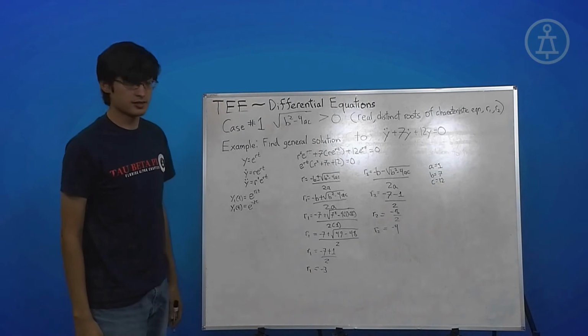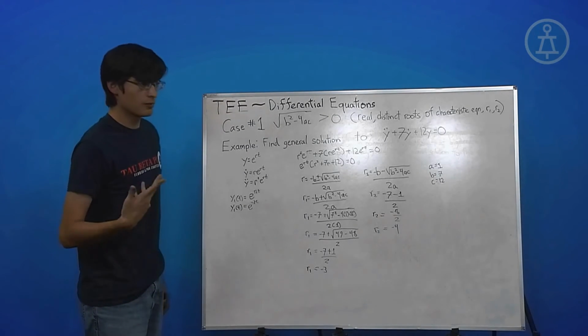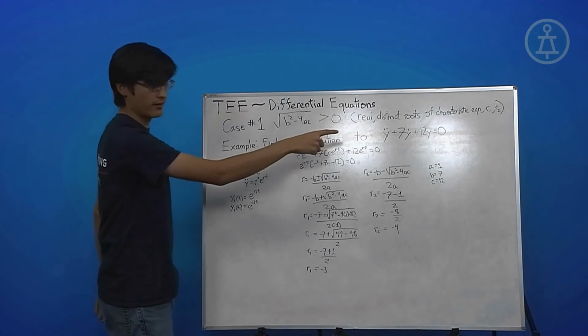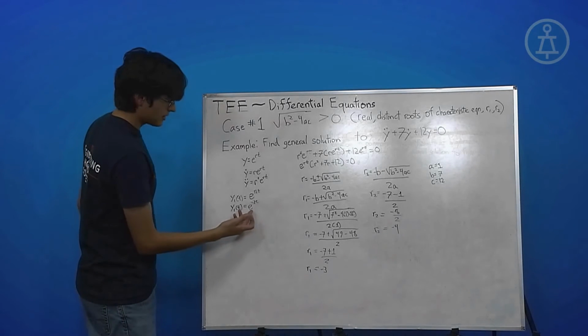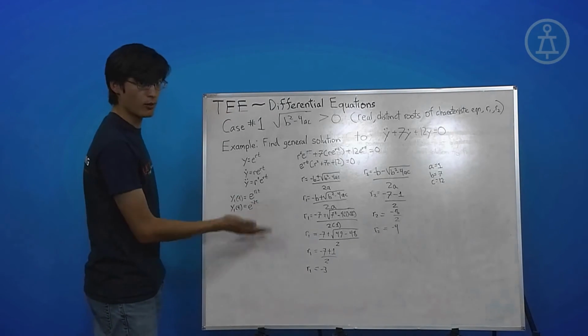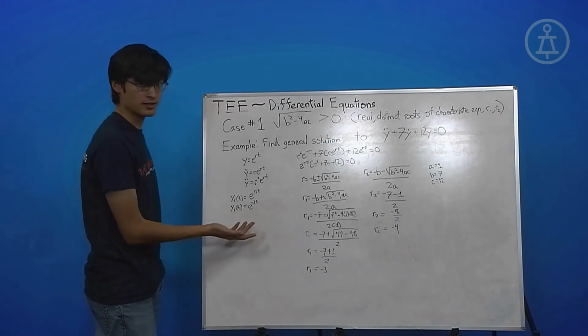But since we want to find the general solution, we want to find all possible solutions to the original differential equation, right? Now, e to the negative 3t is a solution, but we can find more solutions by simply multiplying this by an arbitrary constant.